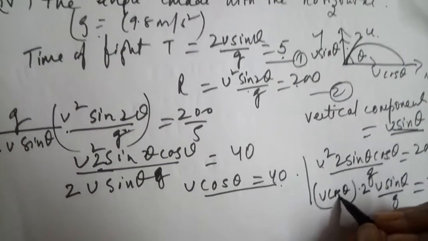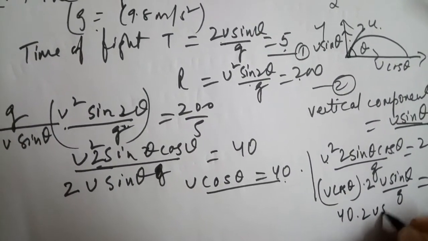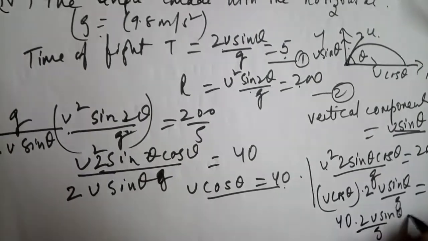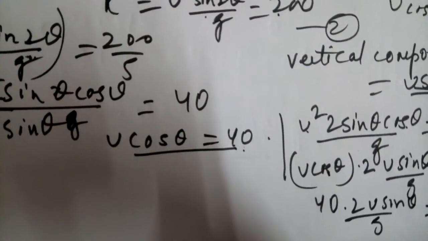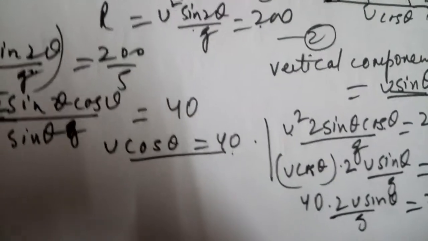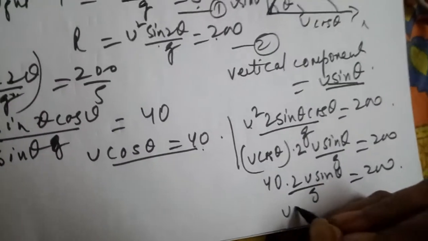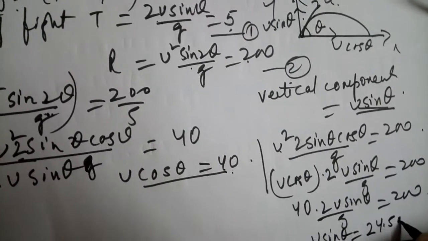So 40 into 2 u sin theta by g is equal to 200. If we solve it, we get the value of u sin theta as 24.5 meter per second.